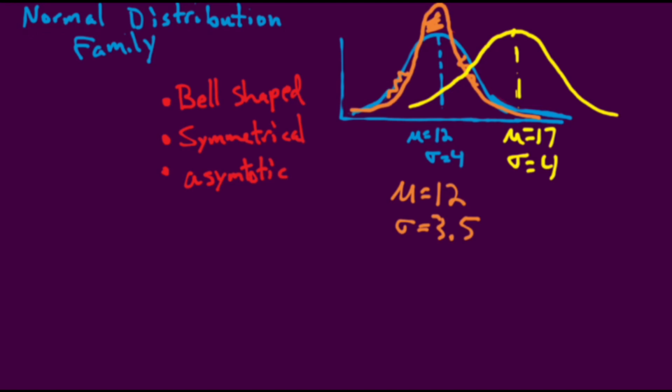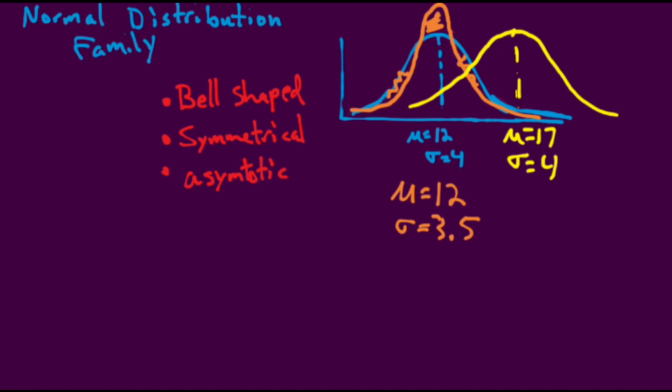So the standard deviation between the blue and the yellow is the same, but the mean has shifted, so it's a new normal distribution. What I'm trying to highlight is that there are as many normal distributions as there are means and standard deviations. Any mixture of those produces a new normal distribution, so there really are an infinite number. We could pick any values in between those or beyond those.